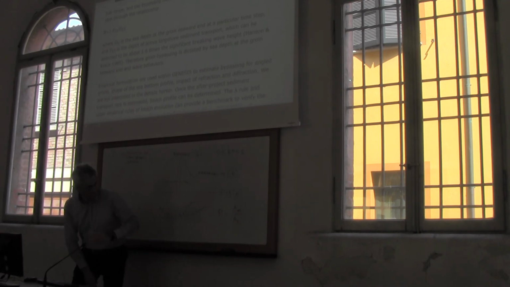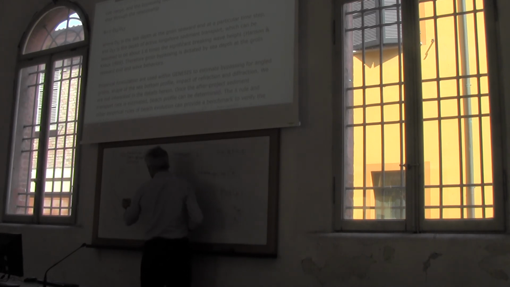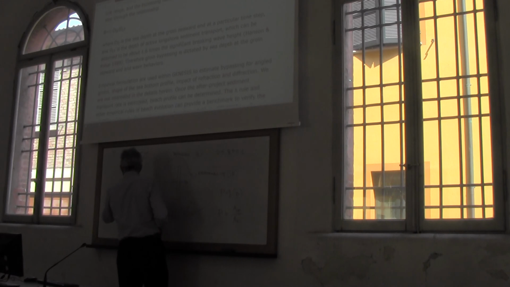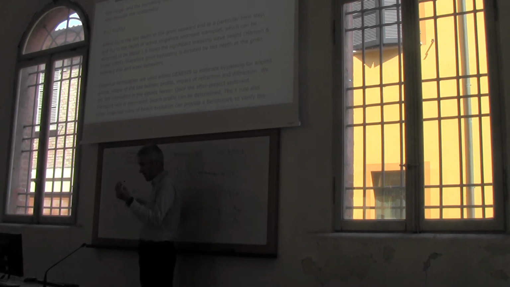Okay, so if we indicate with DLT the depth of the sea here, and we indicate with DG the depth of the groin here, remember, DLT is the depth of the ocean where we don't have any more sediment transport along shore.